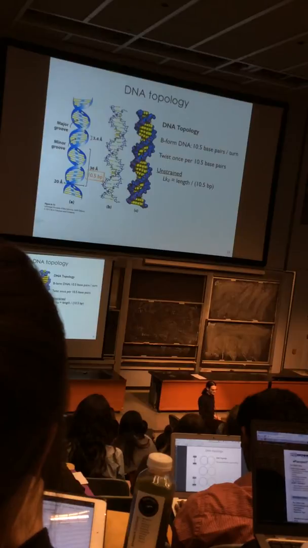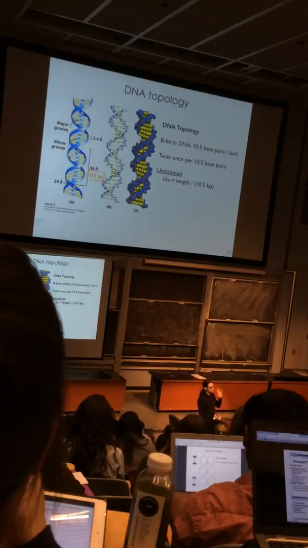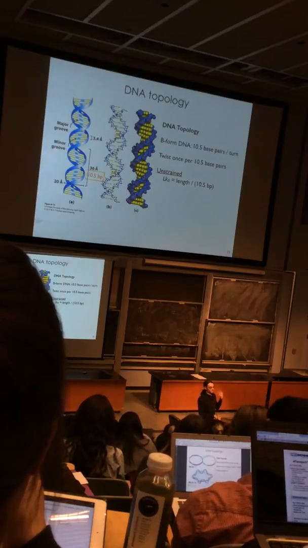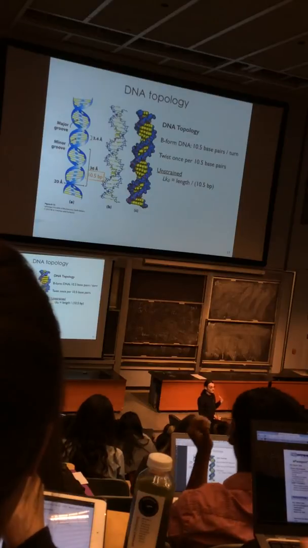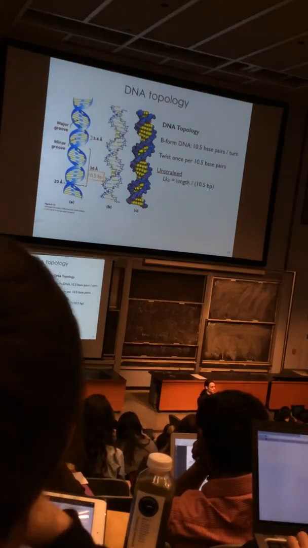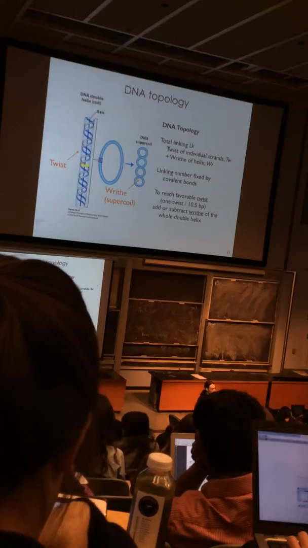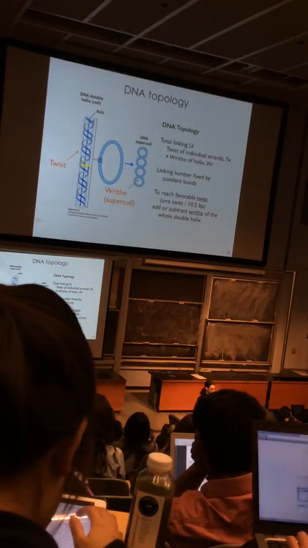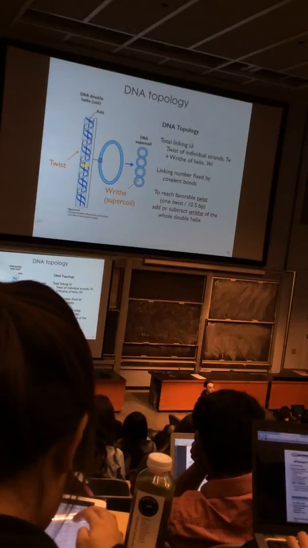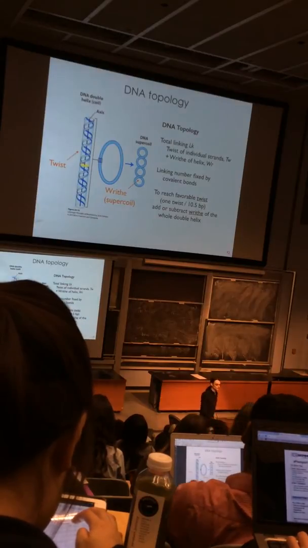In fact, when DNA is distorted away from this 10.5 base pairs per turn number, it will fold back on itself in different ways in order to regain the right sort of helical twist. This is what's called supercoiling.